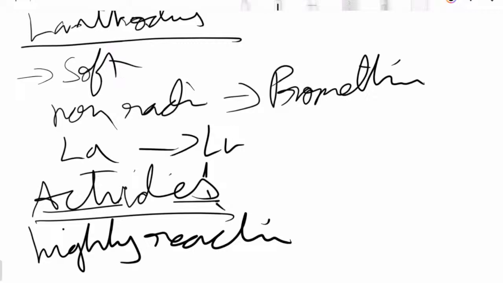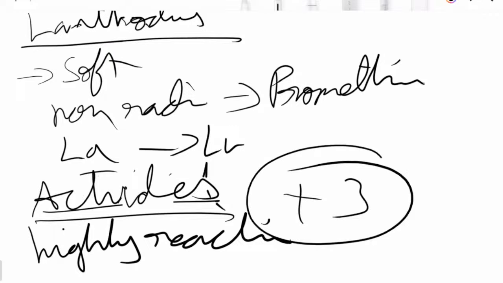One more interesting point about actinoids is that their reactivity is greater when finely divided, and they exhibit a variety of oxidation states, like the first half of the series, with very high oxidation states.